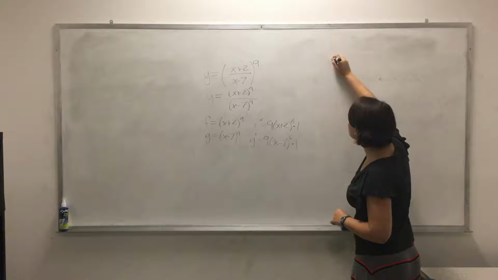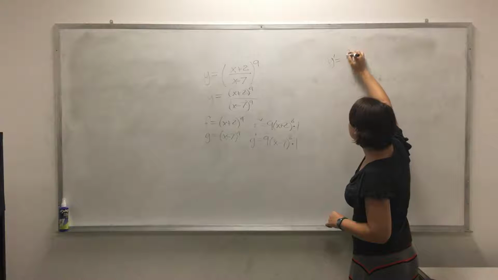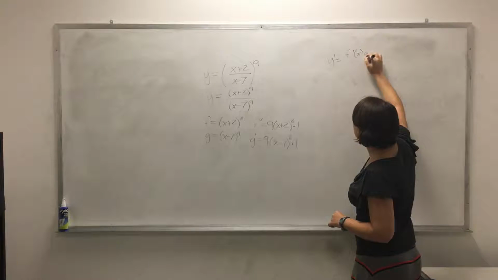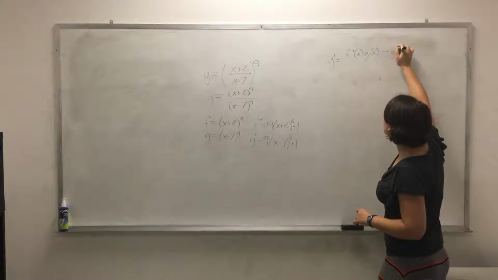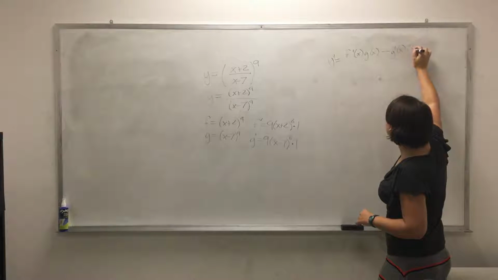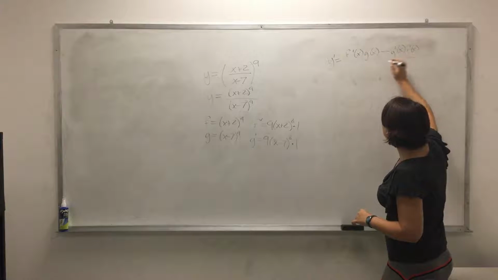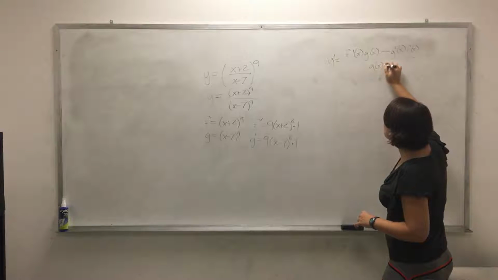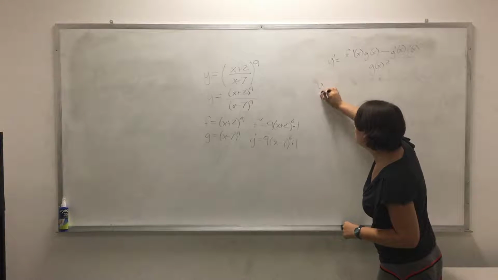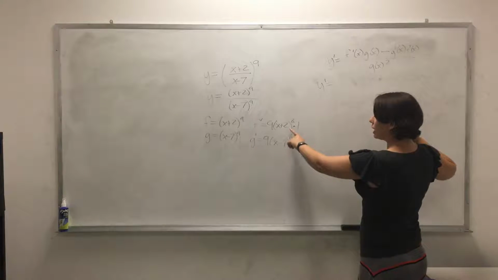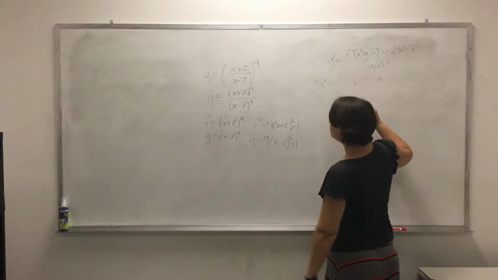Remember, the quotient rule is f prime of x times g of x minus g prime of x times f of x, over g of x squared. Okay, so we start out still with f prime g.